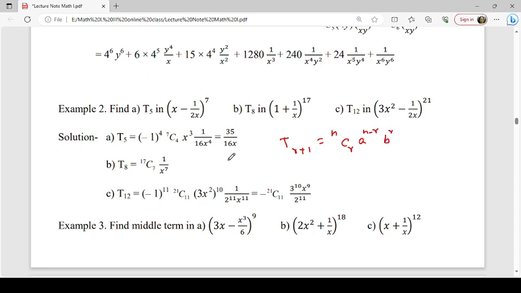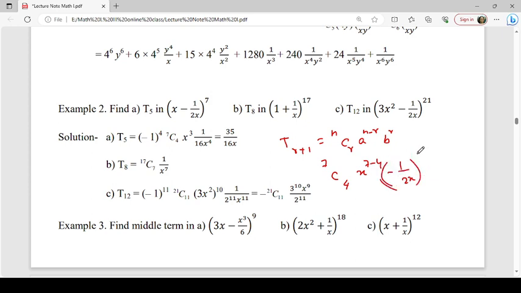So here we are having t5, where n is 7. So r plus 1 is 5 means r is 4, so 7C4, then x to the power 7 minus 4, and because it is minus, we can write minus 1 by twice x whole to the power 4.